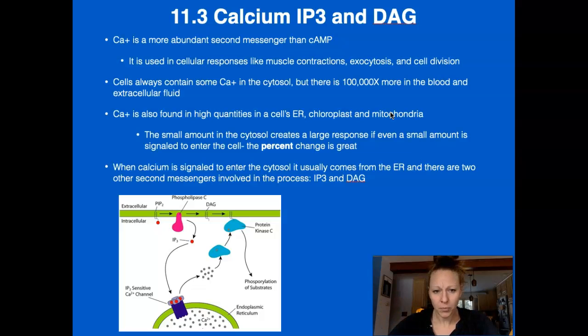And so there's going to be 2 second messengers involved in this process, IP3 and DAG. So let's look at the pathway here. So remember that the goal of this is to open up a membrane to allow calcium out of, in this case, the endoplasmic reticulum and into the cytosol, where that calcium can work on other proteins.